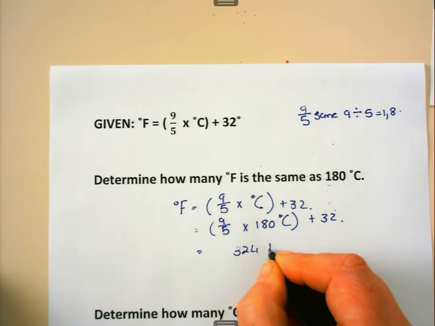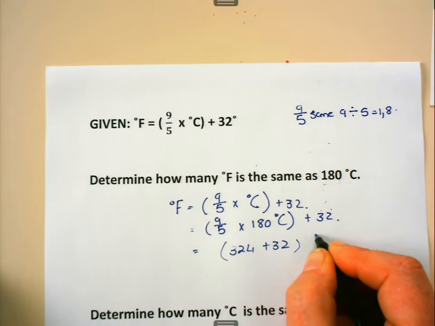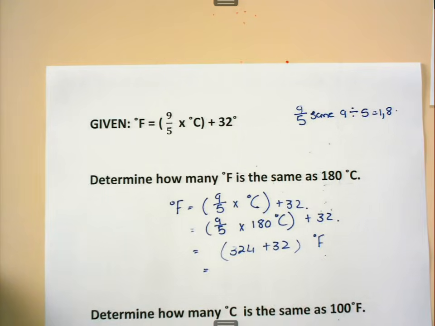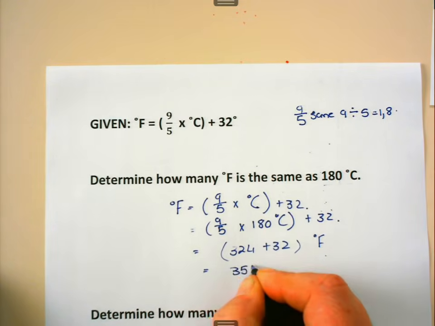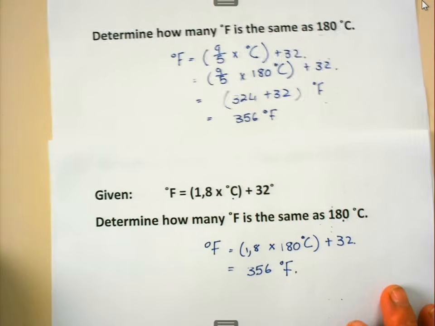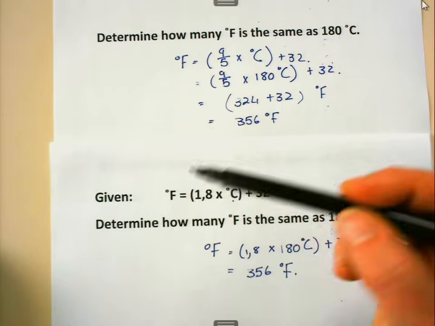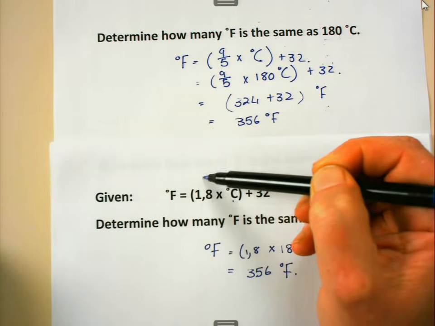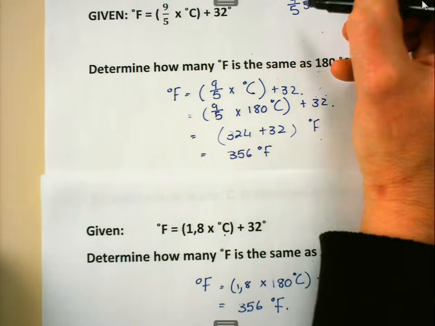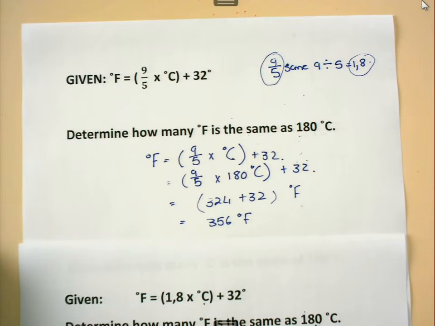And now you still need to add the 32, and this will give you your degrees Fahrenheit. So if I add the 32, I get 356 degrees Fahrenheit. Now, if you look at the answer that we had previously, you will see that it's exactly the same. So please, if you see 1,8, remember that 1,8 can also be written as 9 over 5.